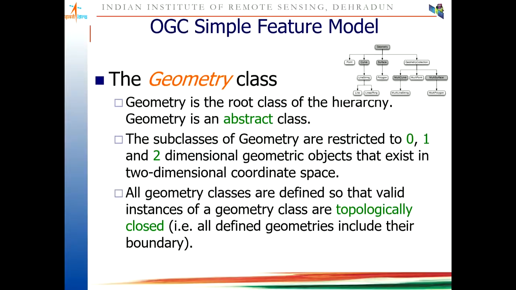If some software is using a spaghetti model, another is using a topological model, and we want to convert from one software to another, we need some representation of how geometry is represented. So the Open Geospatial Consortium, or OGC, has provided the simple feature model.